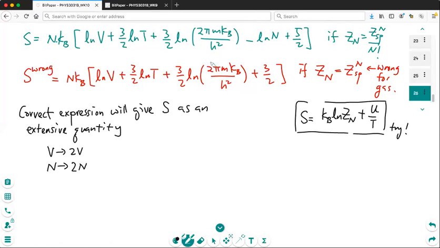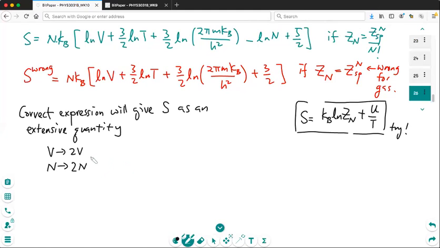But this nice property does not appear here, because when you scale the system size, you have 2n here, and you have this log 2 which you don't have any way to get rid of. You have this 2V here, right? So you do not scale the entropy properly.